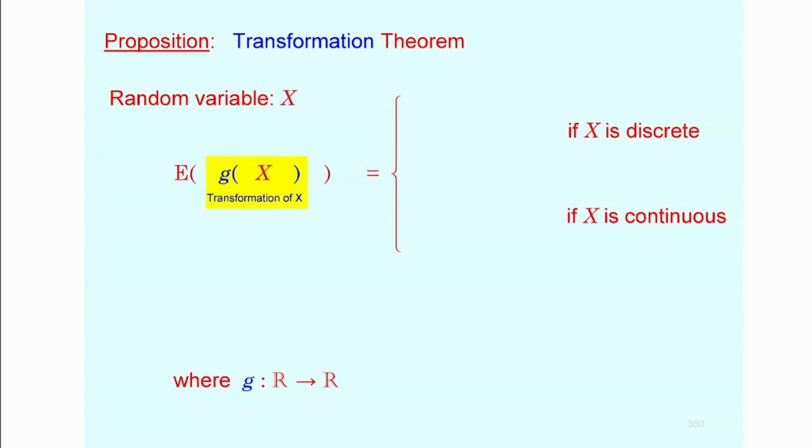So in practice, you have either discrete or continuous random variables, but in theory, don't forget that there is a third category, which is neither, but I'm not going to consider that one.